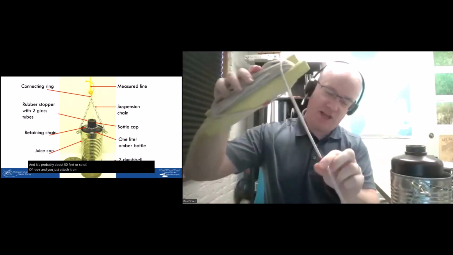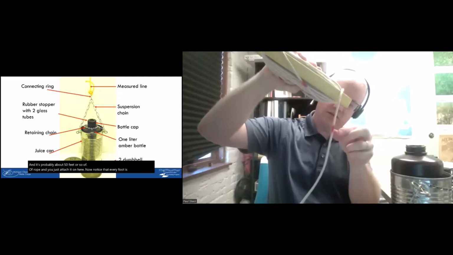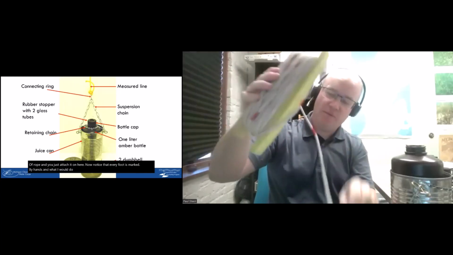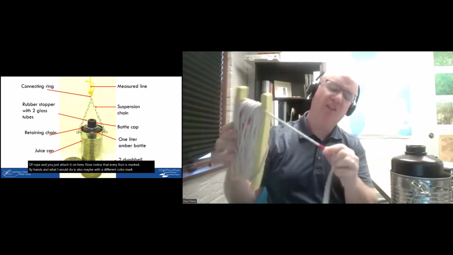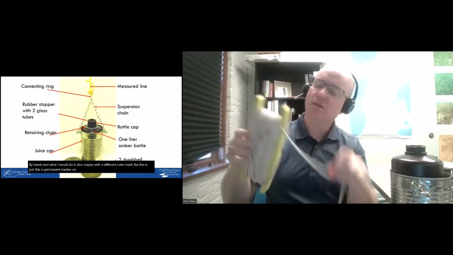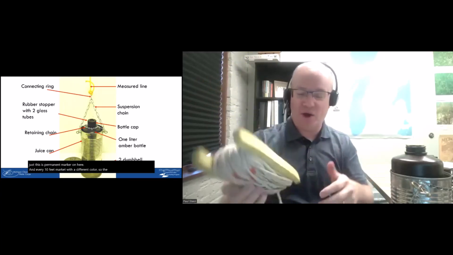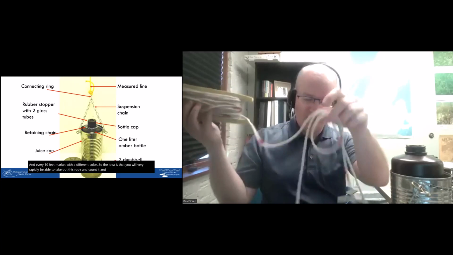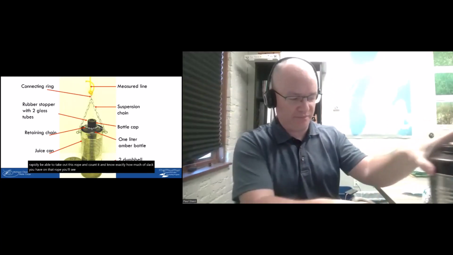Now notice that every foot is marked by hand. And what I would do is also, maybe with a different color, mark the, this is like permanent marker on here. And every 10 feet, mark it with a different color. So the idea is that you will very rapidly be able to take out this rope and count it and know exactly how much slack you have on that rope. You'll see why in a moment.